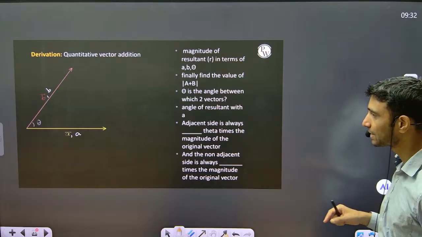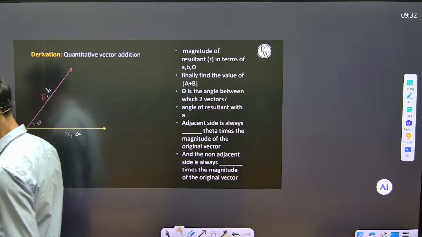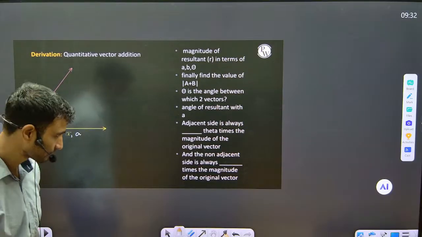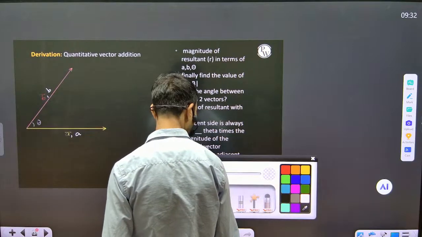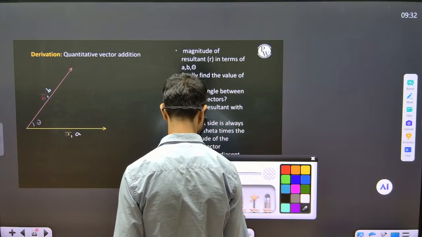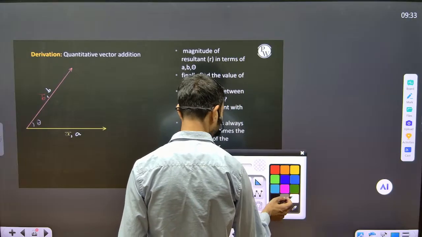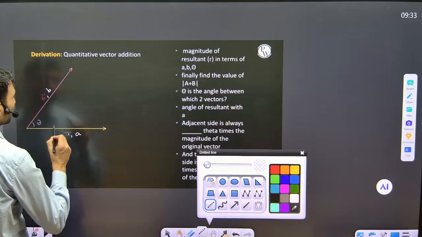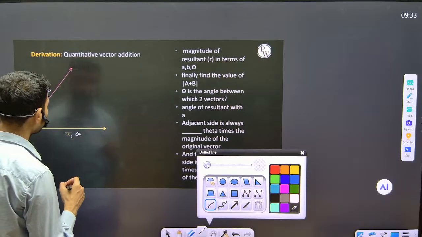How do we do that? Let's see. We have A and B vectors. How we go about it, we'll find out. Okay, so for that, what we'll do is some parallel shifting first, right?